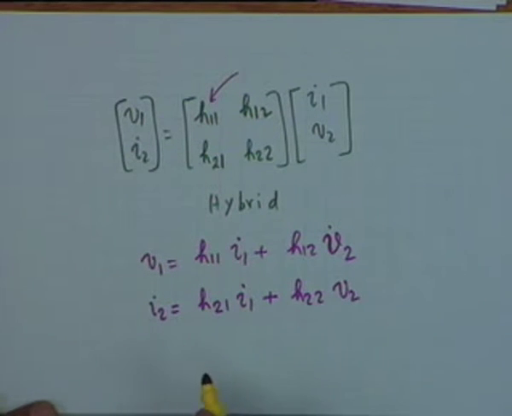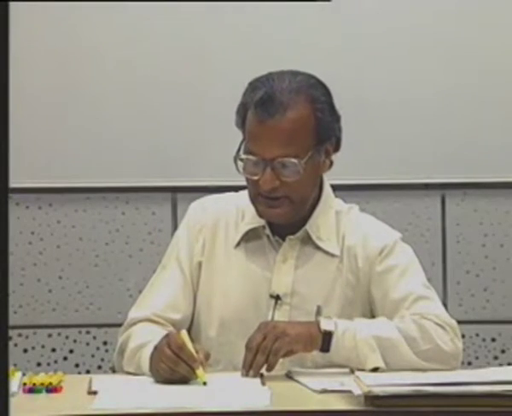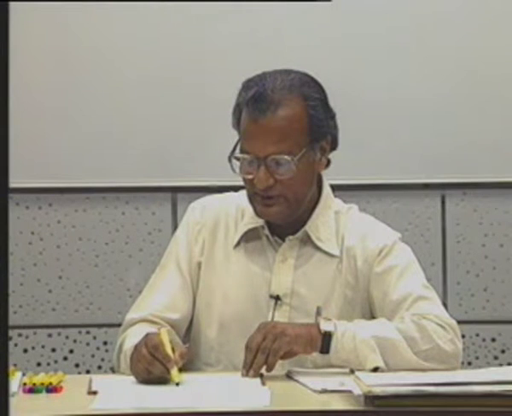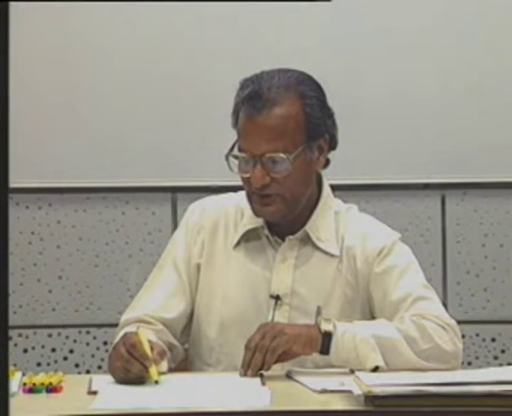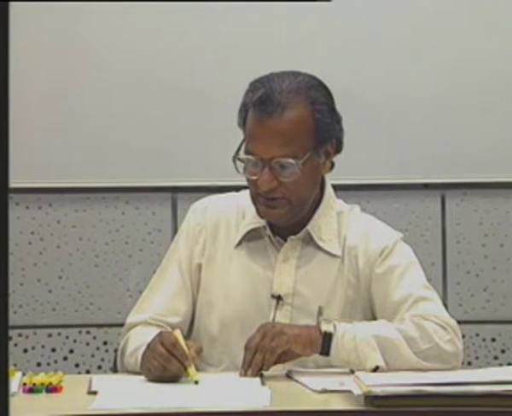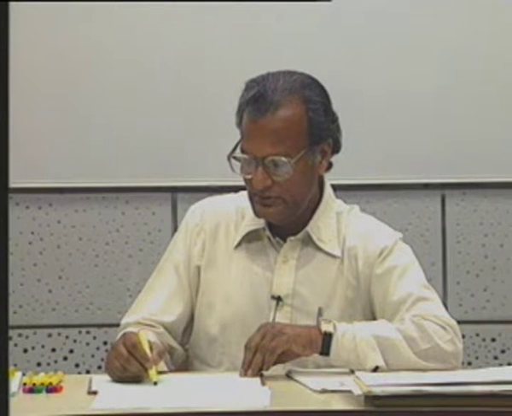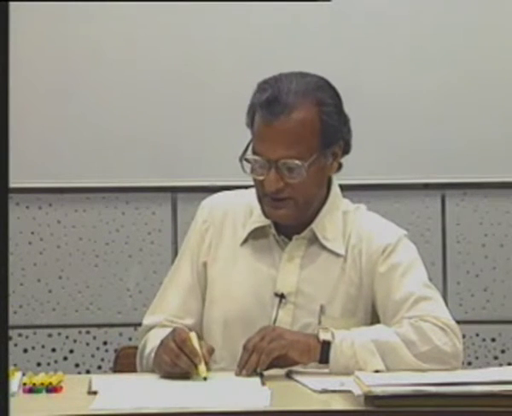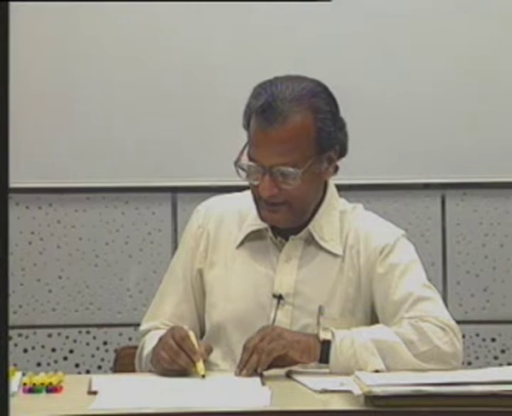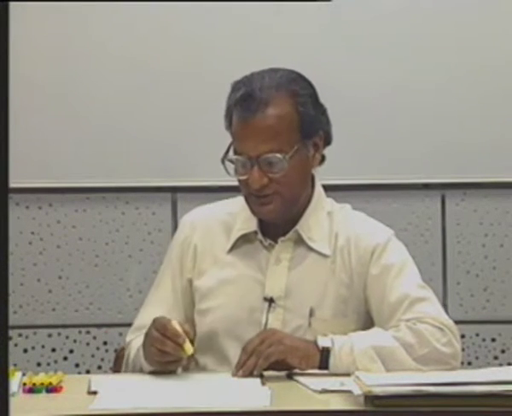In terms of an equivalent circuit, you see that we can represent these relations. What are the relations? V1 equals H11 I1 plus H12 V2, and I2 equals H21 I1 plus H22 V2. We can represent this in a very simple manner as a 2 port.